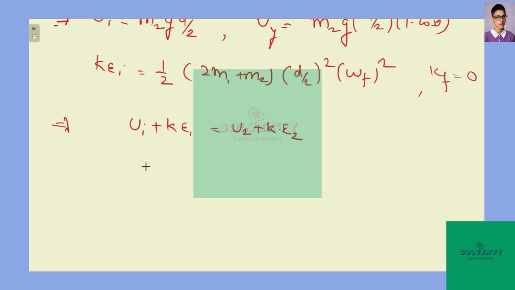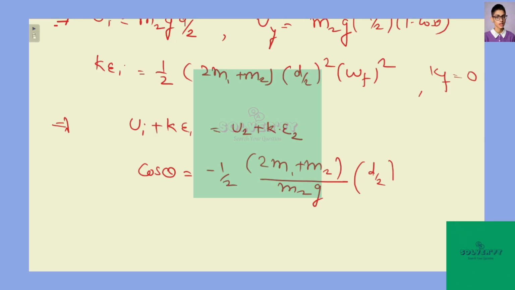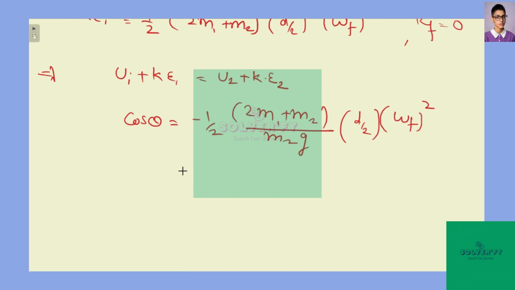Now put all the data in this equation and we get cos theta equals minus of half of (2 m1 plus m2) upon m2 g into (d by 2 into omega final) whole square. From here we get the value of theta, which comes out to be minus 91.3 degrees, or I can say phi will be 181.3 degrees. So this is the answer of the third part of the problem.